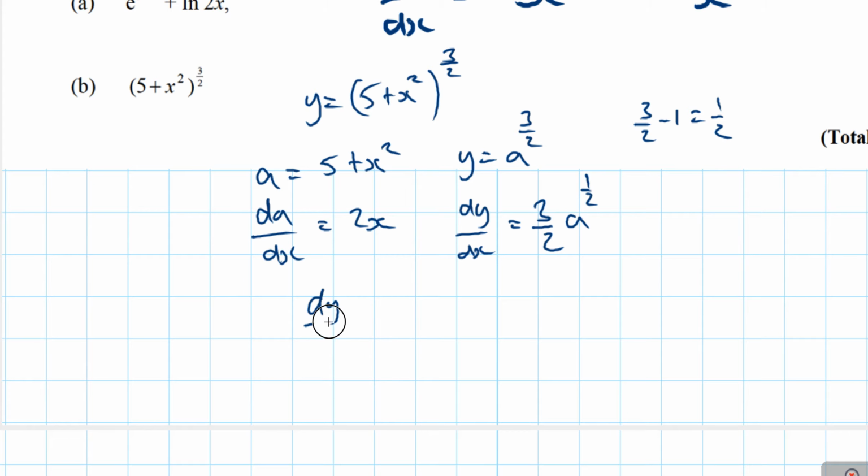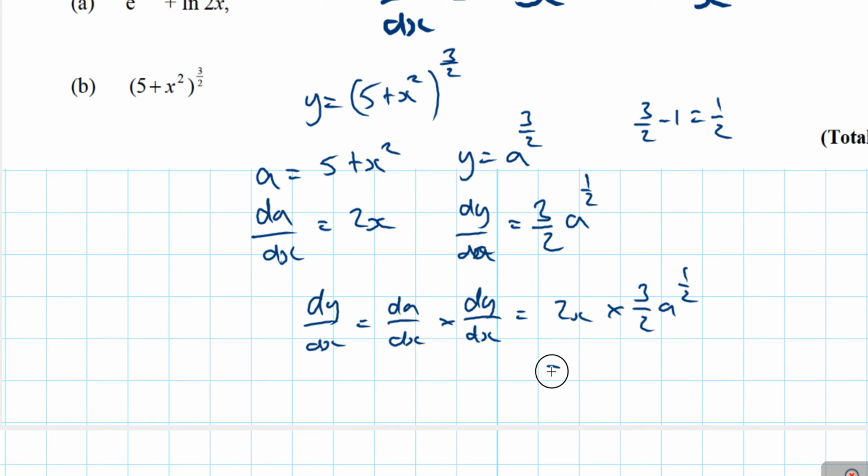So then we say dy dx is equal to dA dx times, and this is a mistake, it should be dy dA, apologies, dy dA, that's equal to 2x times 3 over 2 A to the power of a half. 2 times 3 over 2 is just 3, so it's 3x times A, so it's 5 plus x squared to the power of a half. And that's your final answer for part B.